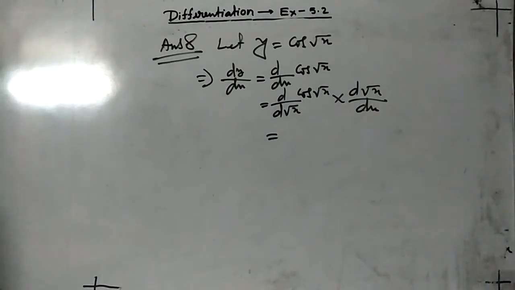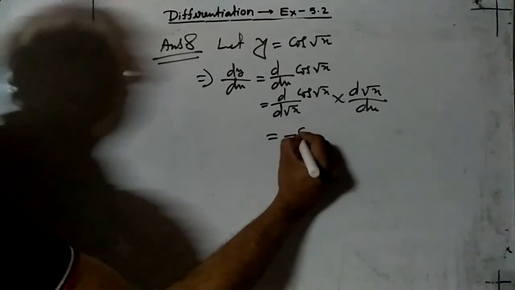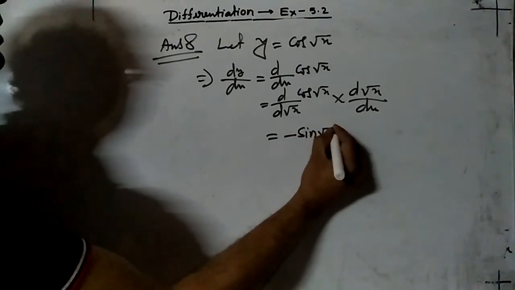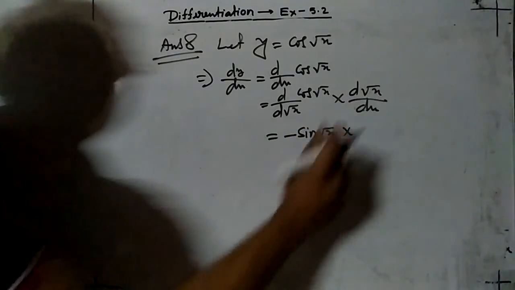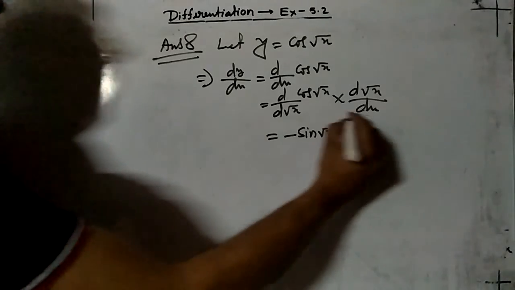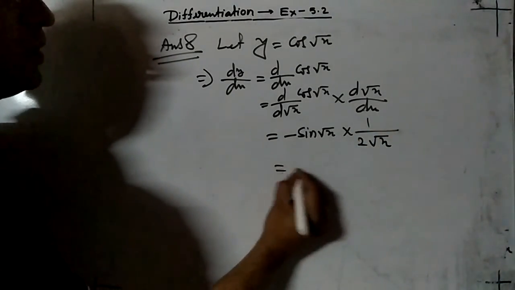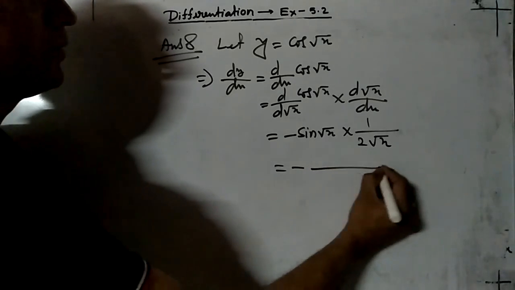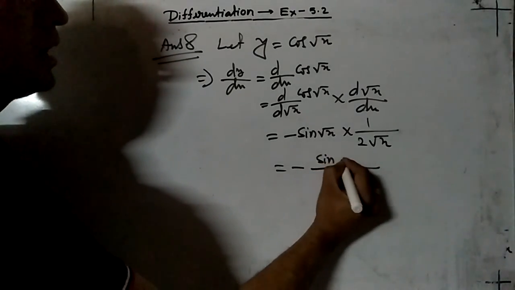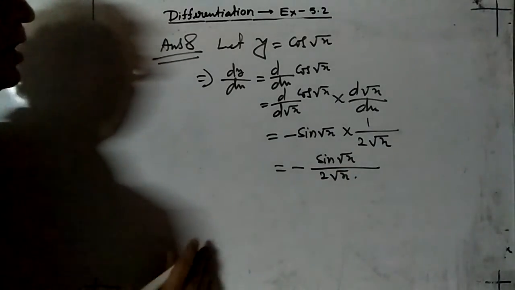Then the derivative of cos root x with respect to root x will be minus sine root x, and the derivative of root x is 1 divided by 2 root x. So finally we are getting minus sine root x upon 2 root x.